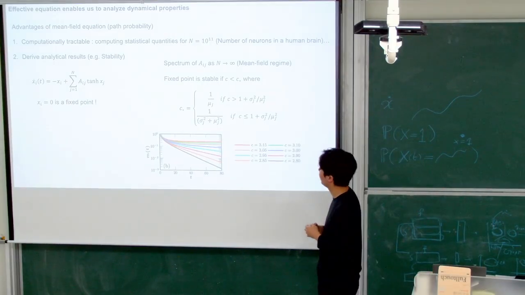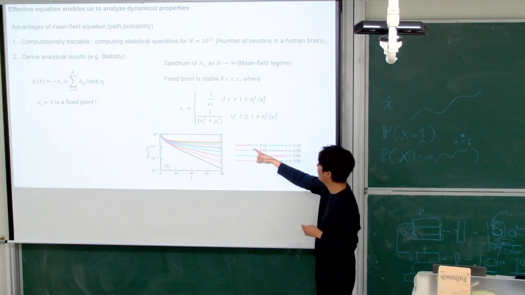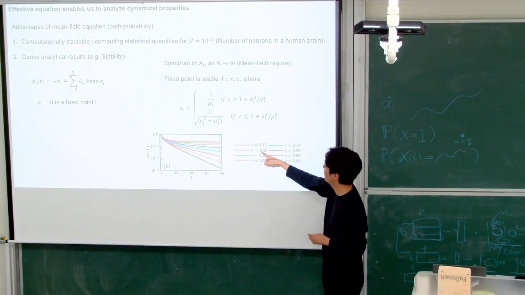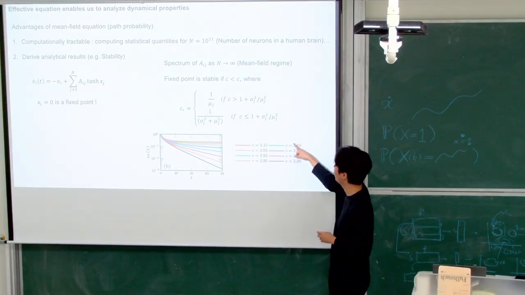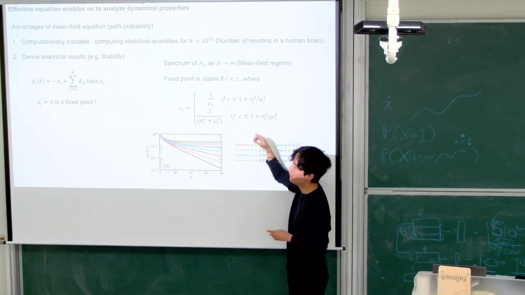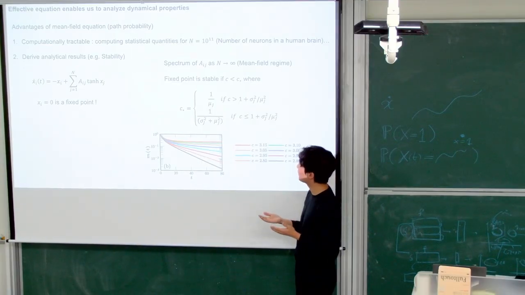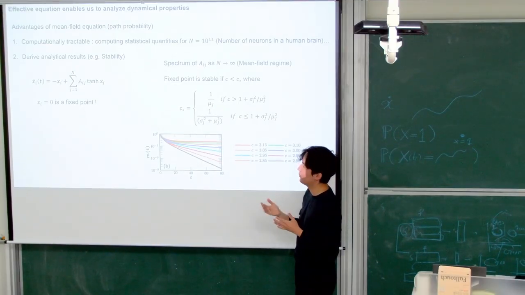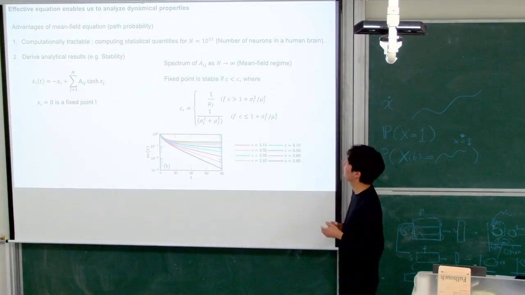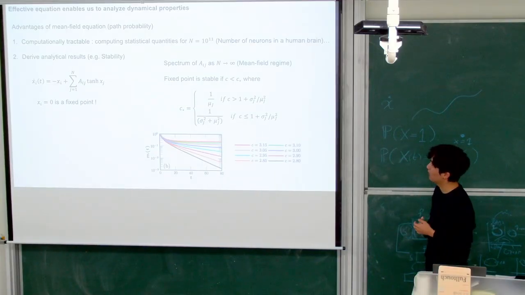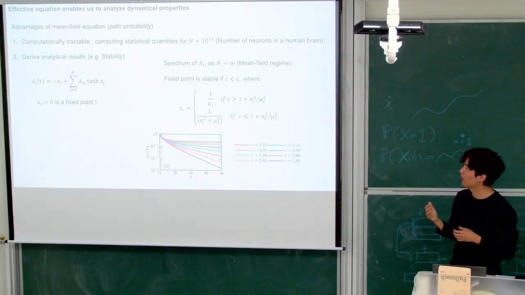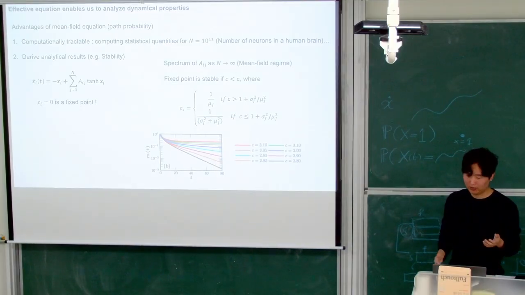Okay. Here, the authors, from top to bottom, decreased the sparsity slowly. And here, sigma_J and mu_J come from the distribution of the coupling strength. They are the mean and variance of the coupling strength distribution. Anyway, the thing is that you can compute the threshold.